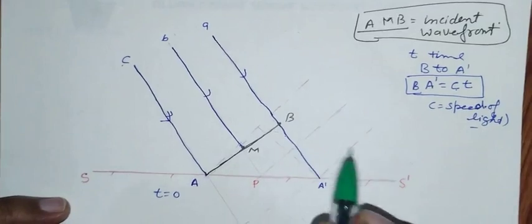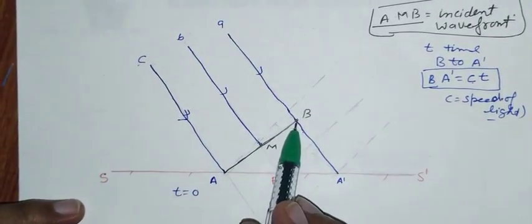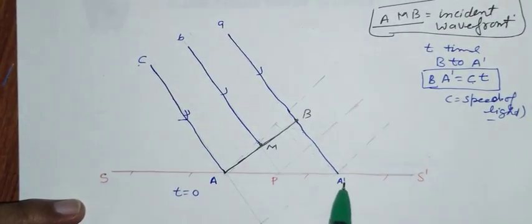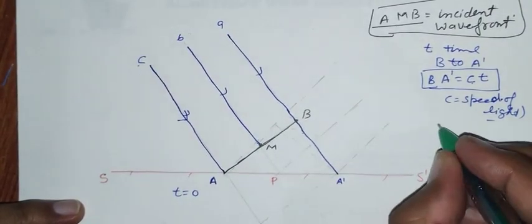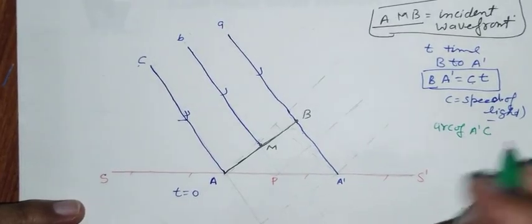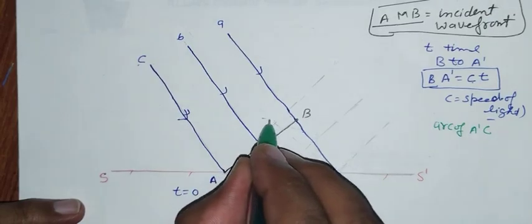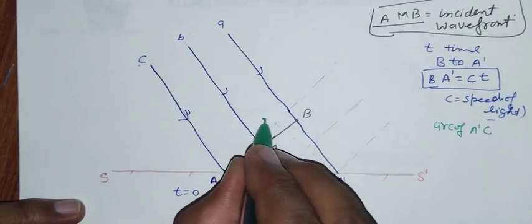What we are doing here, see carefully, is taking an arc of distance A dash B, and from A making an arc here.